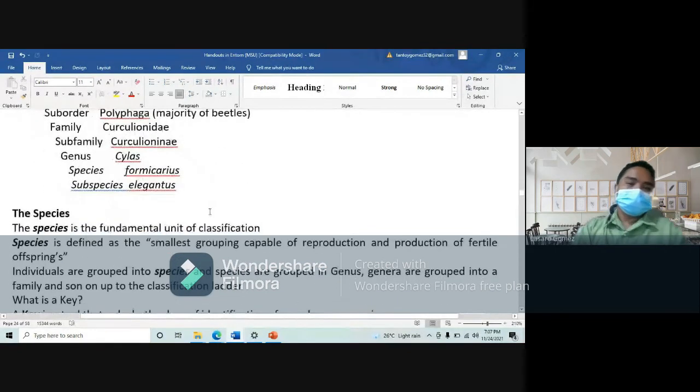Take note that the species is what we call the fundamental unit of classification. Fundamental means basic: the basic unit of insect classification.